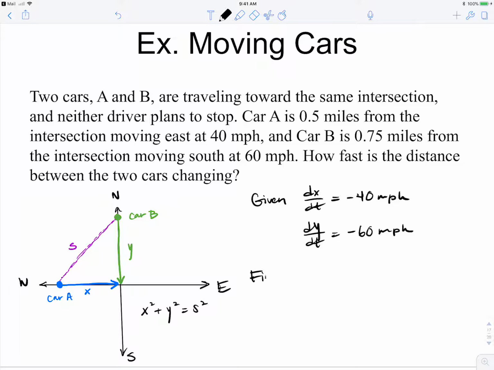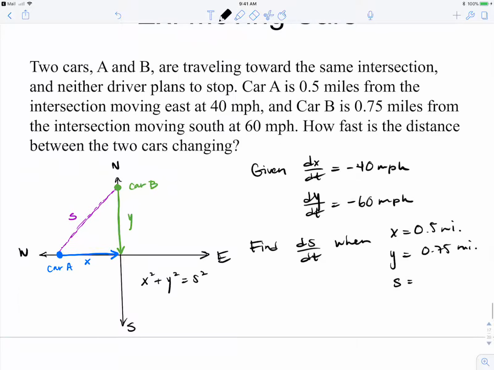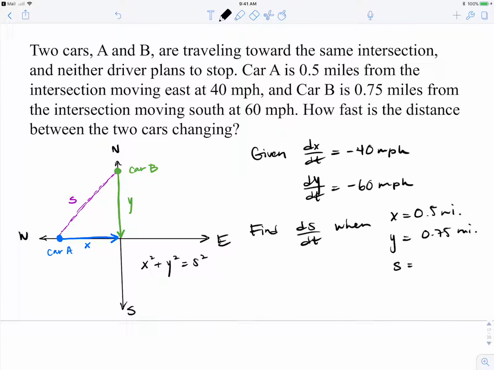And we want to find ds over dt at the moment that x is equal to 0.5 miles and y is equal to 0.75 miles. We don't know what s is, but we can find it with our equation.